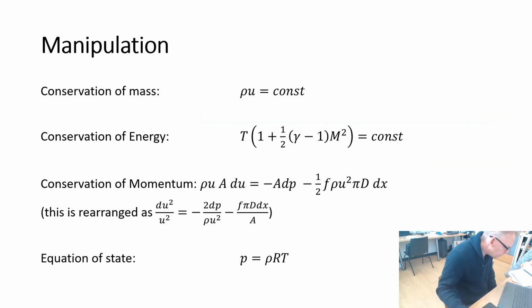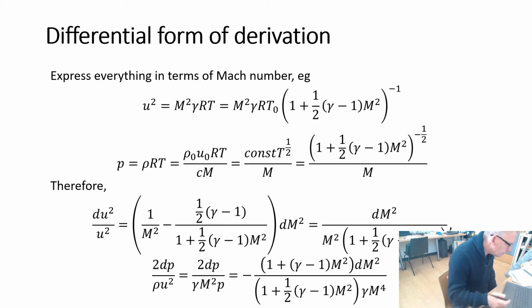So, just simplified, these are the defining equations all put together in a simpler form. And really what we're trying to do is convert everything to be a function of M squared, or M, and then look at those differential changes.